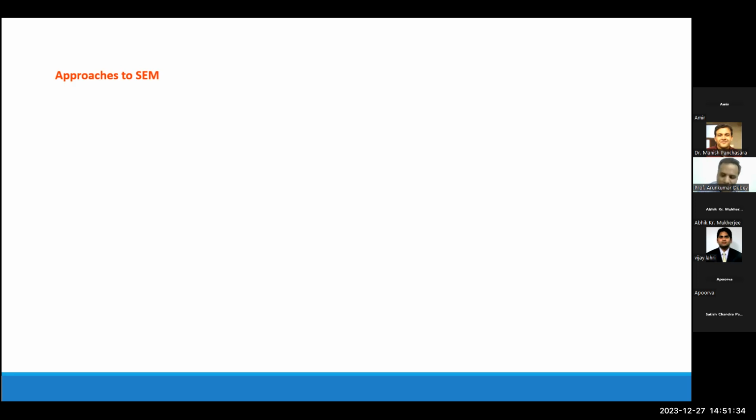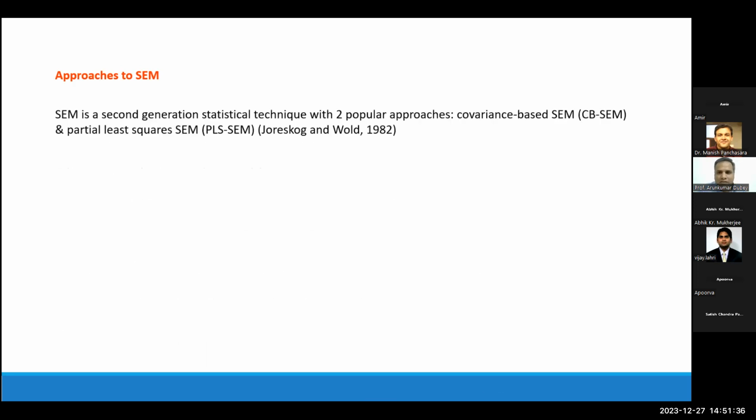So it is known by different names, but as you all know, there are two families of SEM, and SEM, as I said, is second generation statistics. There are two popular approaches. One is covariance-based SEM, and second is PLS-SEM. This workshop will be focusing on PLS-SEM, which is a non-parametric approach to structural equation modeling.